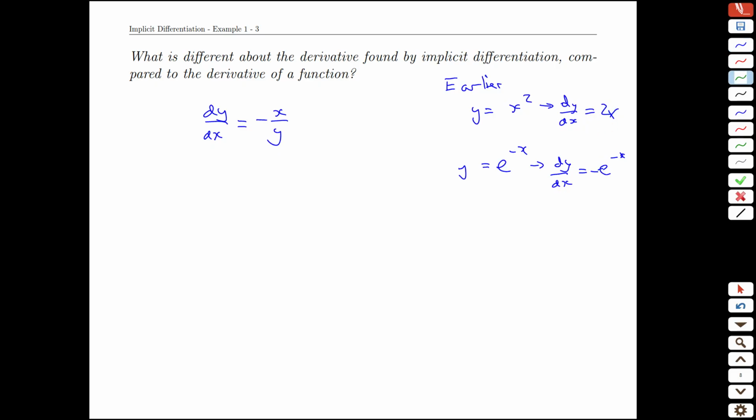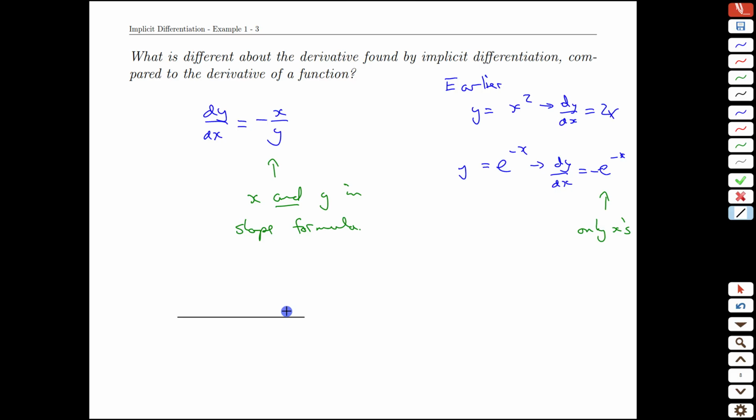And what we see, if you keep repeating this over and over again, is that these only had x's in them, which made sense because you were differentiating the right-hand side, and the left-hand side was just y, and its x derivative was just dy/dx. But the right-hand side always was only x's in a function. That's a little different here because we have x and y in our slope formula. Not a problem, but just something new.